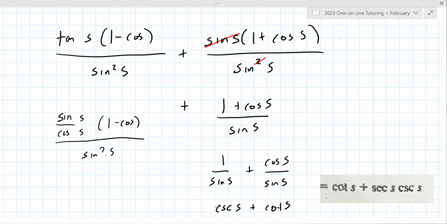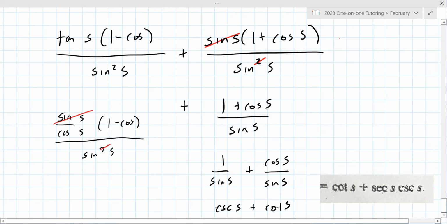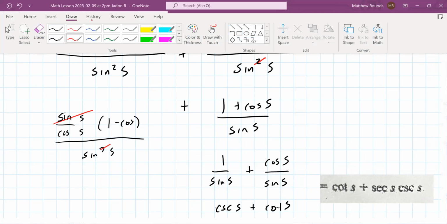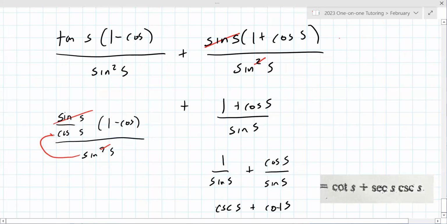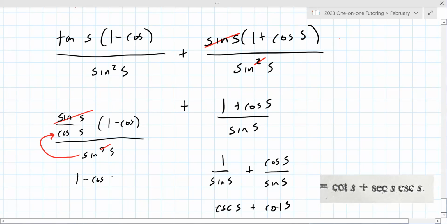Do the sines cancel? One of the sines cancels. Yes, that one on the top cancels with that one there. And so it's a little odd, a little awkward, but this sine ends up coming down into the denominator. So it ends up being 1 minus cosine s over sine s cosine s, like this.